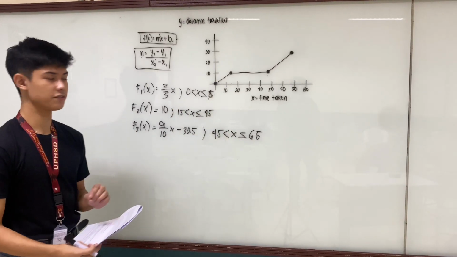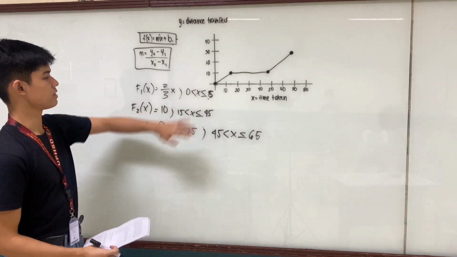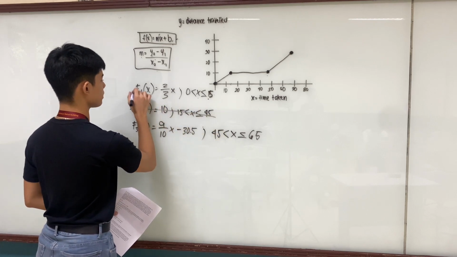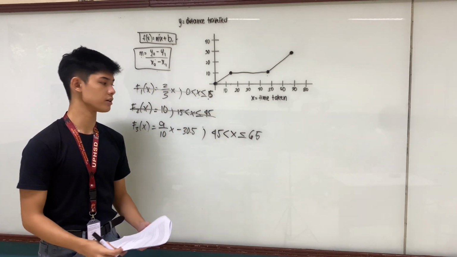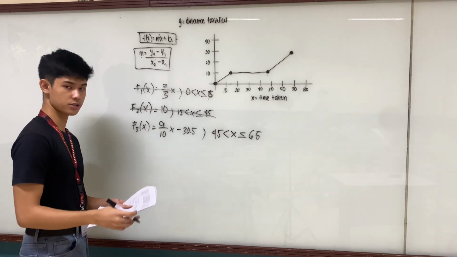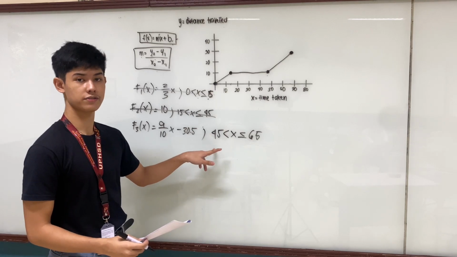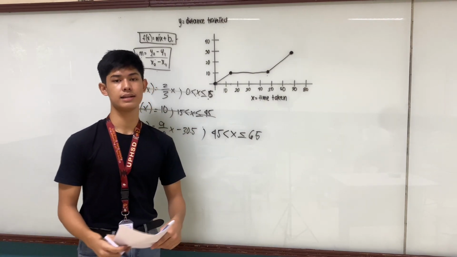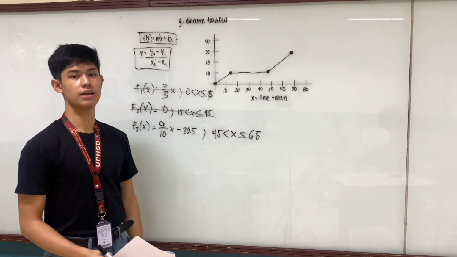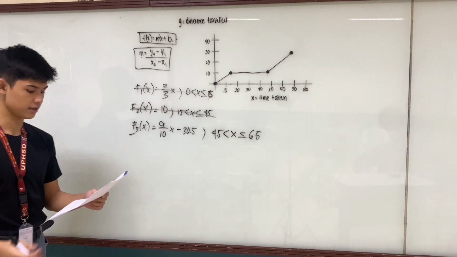And since 55 minutes is also greater than 45, we're also not going to use it. So we are going to disregard these two functions, which leads us to our third function, which is suitable for our conditions because 55 is greater than 45, but less than 65. So it falls under our third function. So this is the third function that we will use.